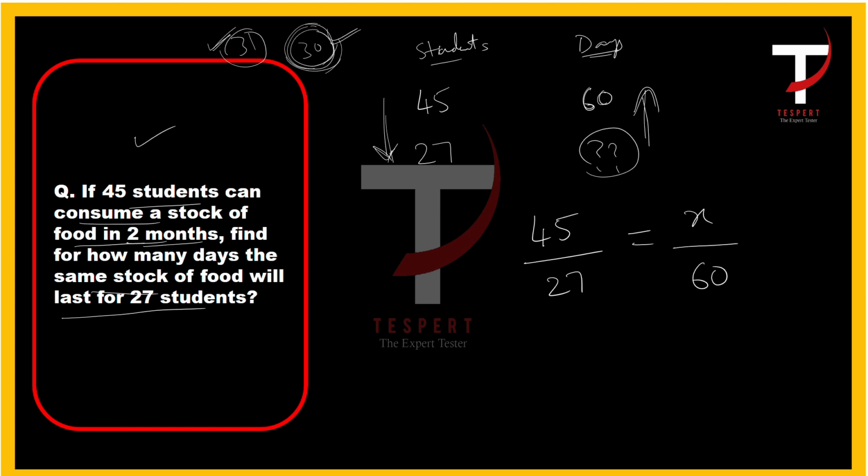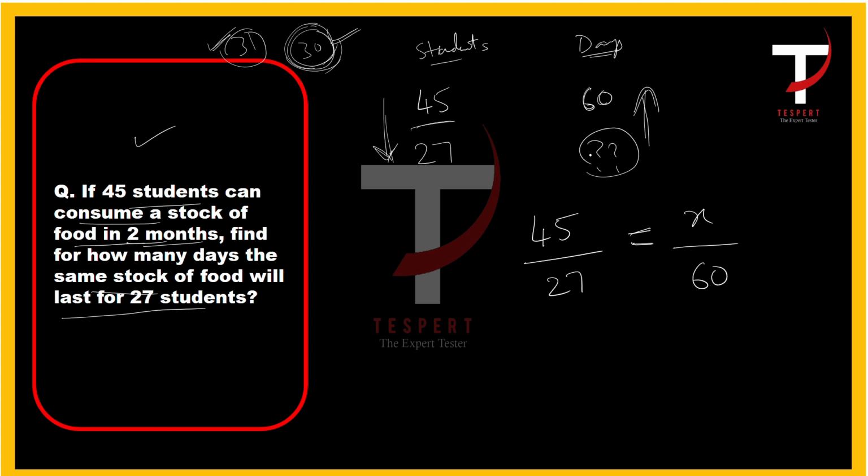So in direct variation, what we did is, we directly did 45 by, so if this were a direct variation, we would have done like this, 45 by 27 is equal to 60 by x. But this is an indirect variation, so 45 by 27 is equal to x by 60, not 60 by x, right?